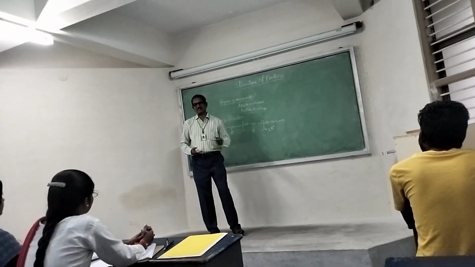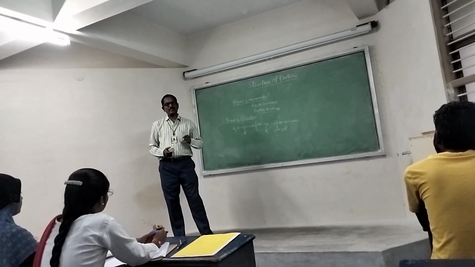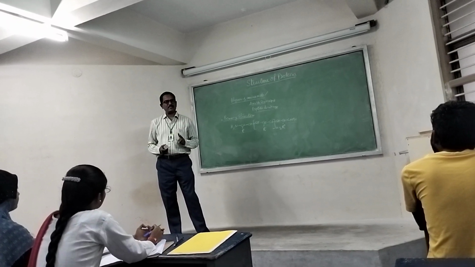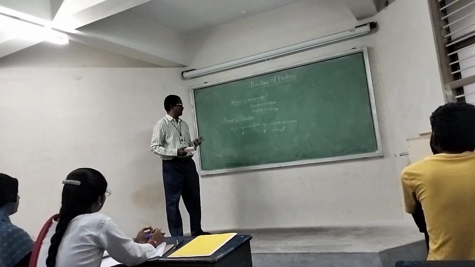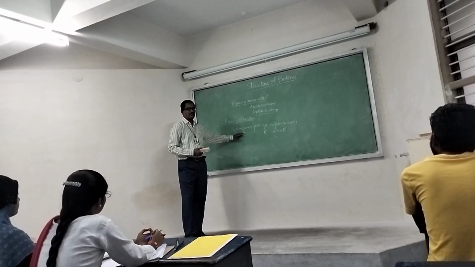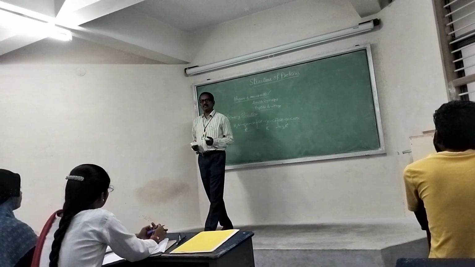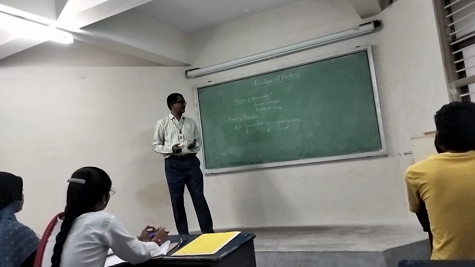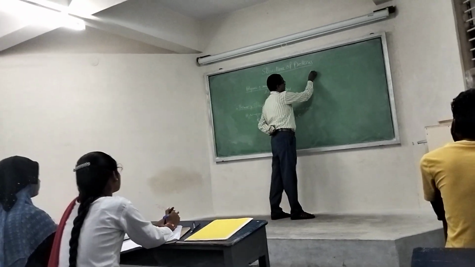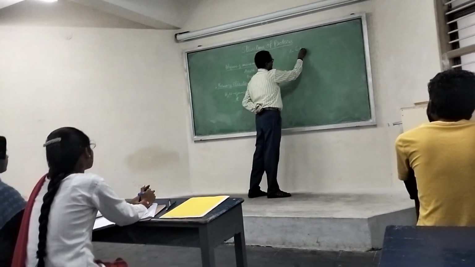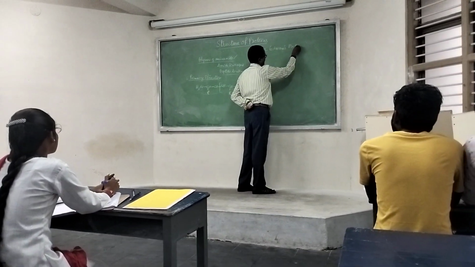For that, we must follow a particular method. Here the two most important methods are: one is Edman's method to determine N-terminal amino acid, and Sanger's method to determine C-terminal amino acid. Now let us discuss the first one, Edman's method.